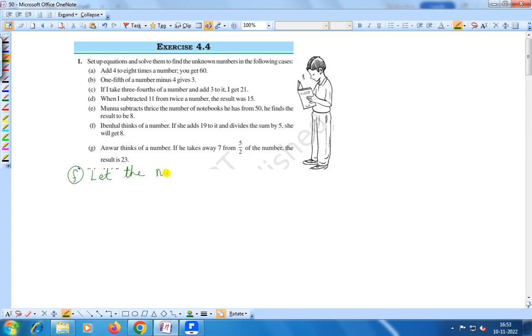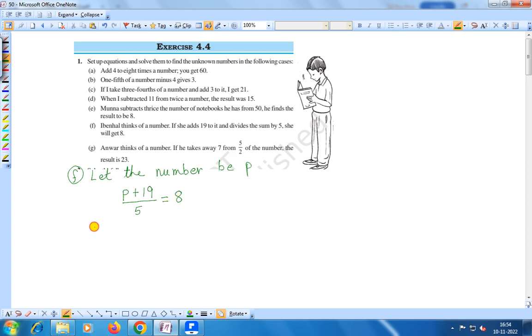Let the number be p. According to the question, if she adds 19 to it, that is p plus 19, and divides the sum by 5, she will get 8.